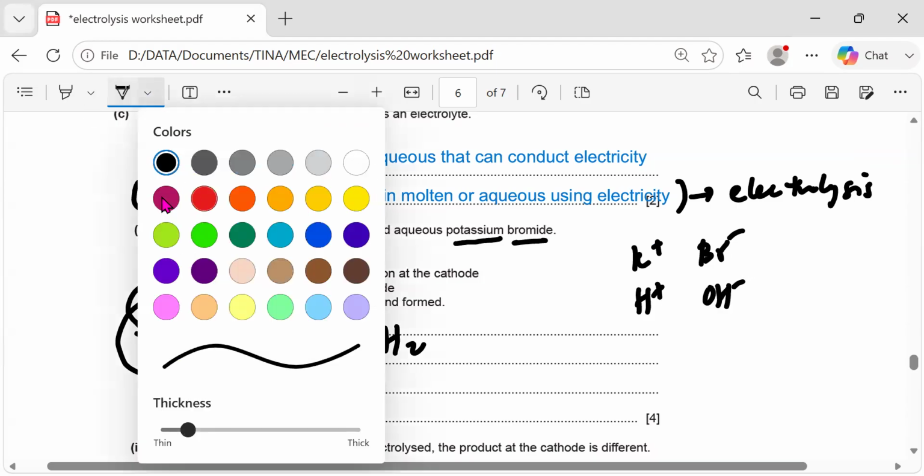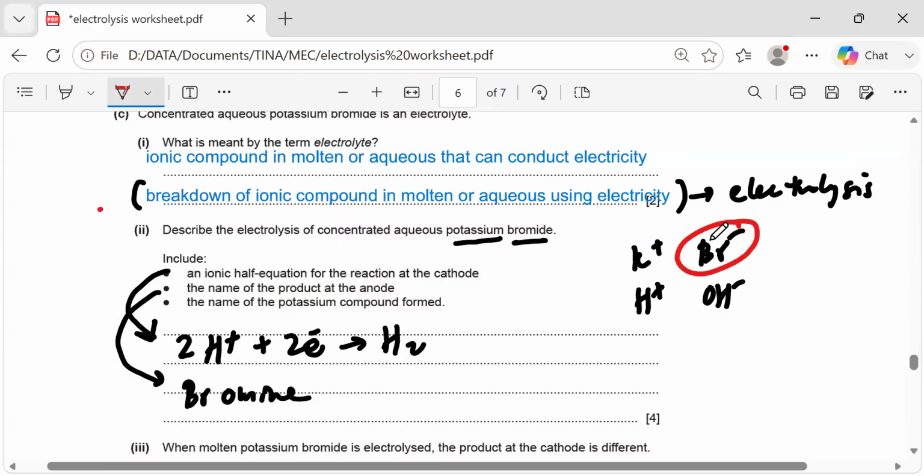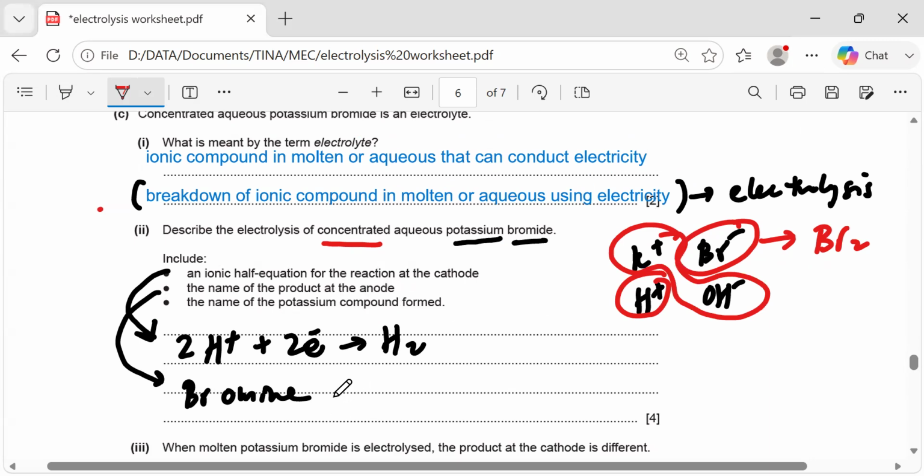So at the anode, bromide, because it's concentrated, will become bromine, right? At the cathode, hydrogen ion becomes hydrogen gas. What is left over? KOH. They ask you to name potassium hydroxide. Why is this 4 marks? Your equation is 2 marks. This 2 is 1 mark, 1 mark.